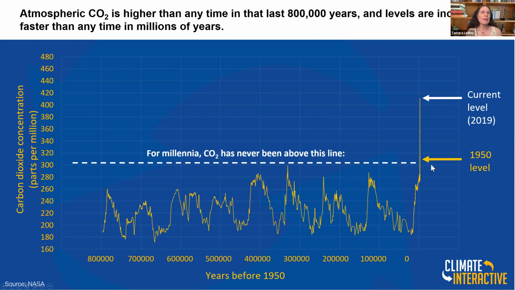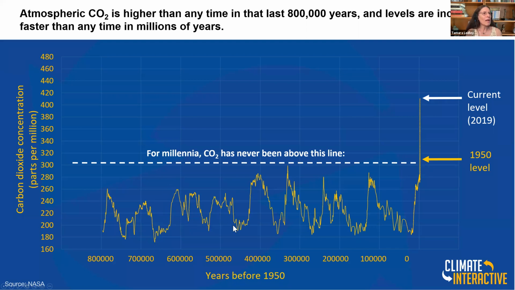If you've been hearing about the levels of carbon dioxide, the current level is close to 420 parts per million now. But it didn't really exceed 300 parts per million until about 1950. If you look back in the geologic record, you can see that about 675,000 years ago was about 170 parts per million.